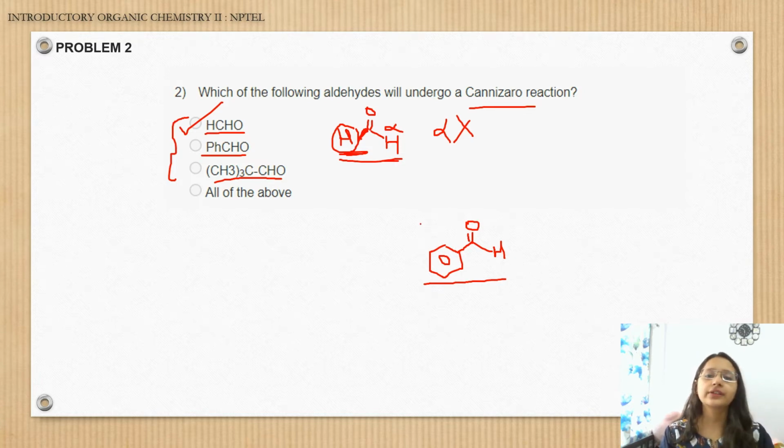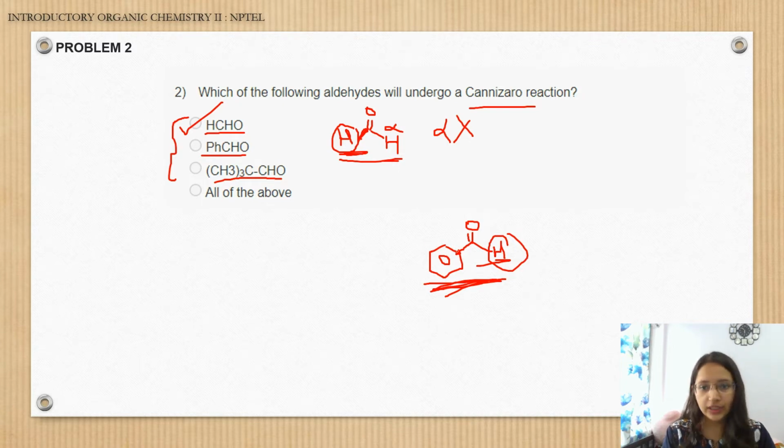Okay, so this benzaldehyde doesn't have an alpha hydrogen because there is a quaternary carbon and there is a hydrogen. So there is no alpha carbon on this side, and this carbon doesn't have the hydrogen because it is sp2 hybridized, it is a quaternary carbon.